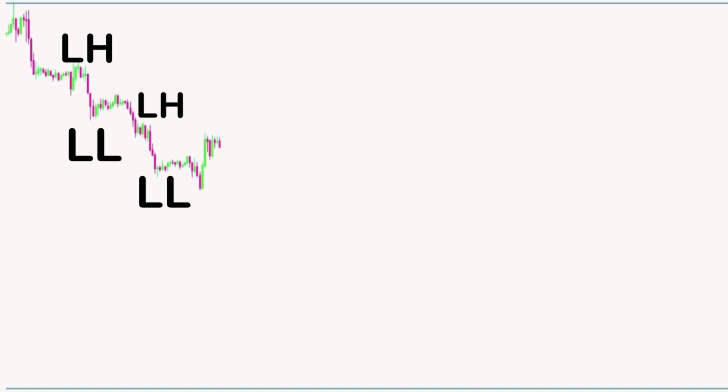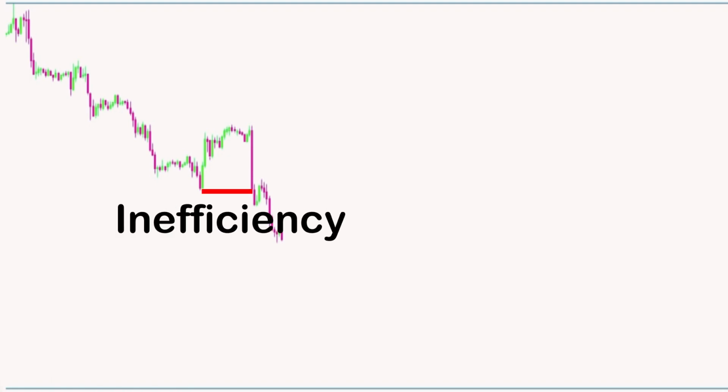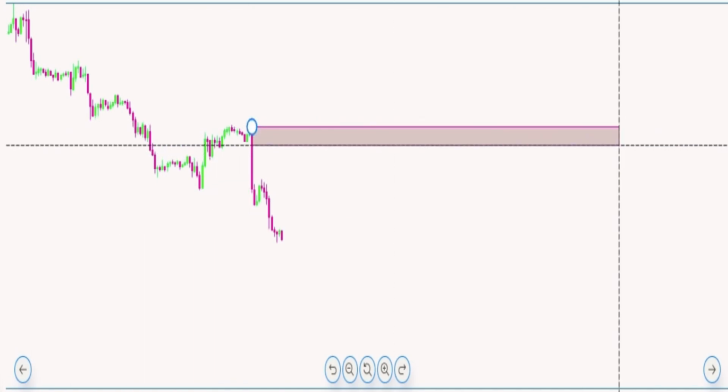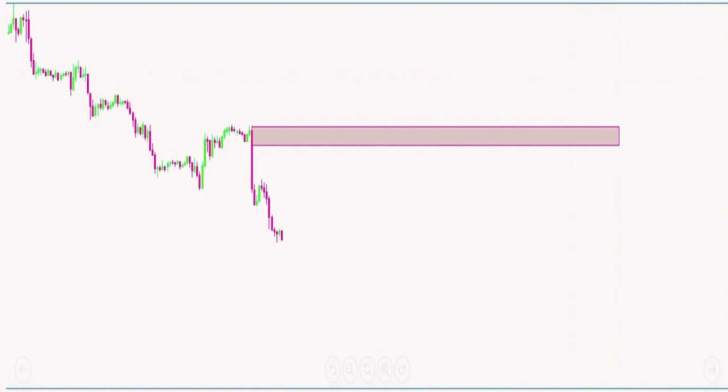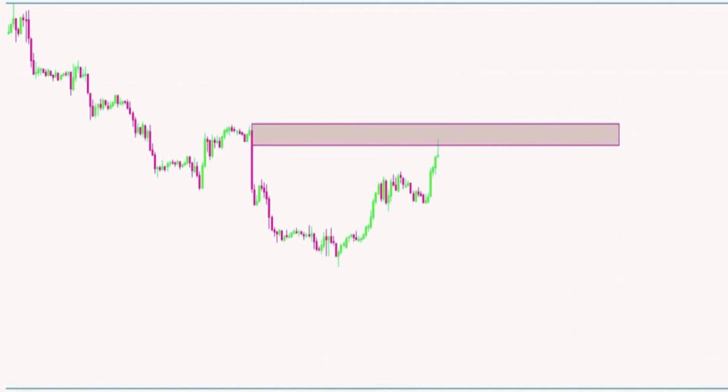We can see market making lower highs and lower lows, and thus, we would identify and plot the bearish order block zone only. And then we see market creating an inefficiency, and thus, we would plot the bearish order block zone from this candle. Now we would wait for the price to come back to this bearish order block zone in order to initiate our short trade into the market.